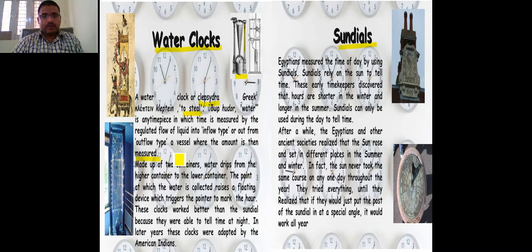They are made up of two containers, also called water trips: this part is the higher container, and this part is the lower container.